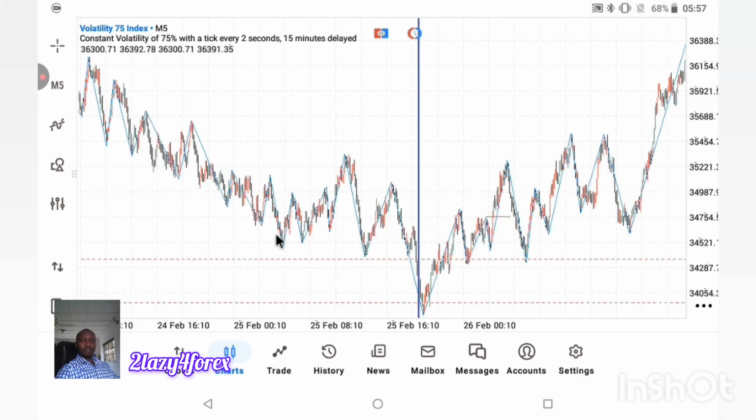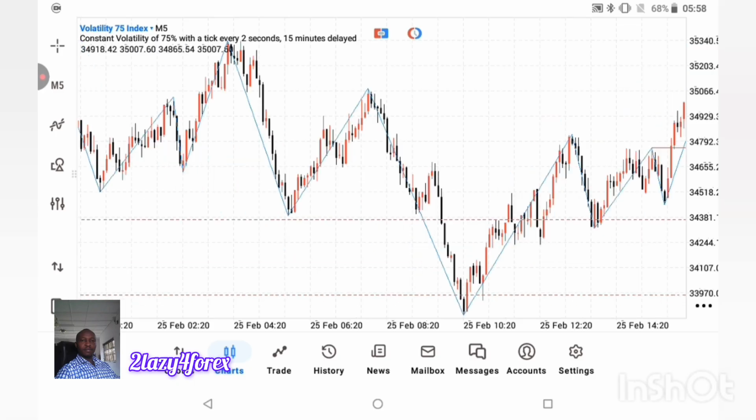It didn't, as at the time there was a break above the low here. Price has not touched this box. So you have to wait for price to touch the box. Once it touches the box, then you start looking for a lower high that price will break. It doesn't matter if this low is lower than this one or lower than this one. What you are interested in is the high, and this is where the high was broken.